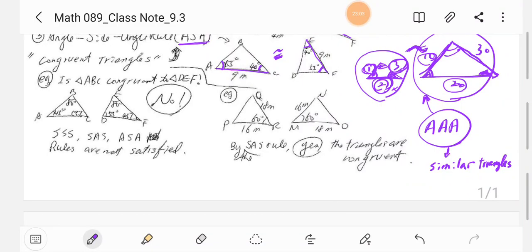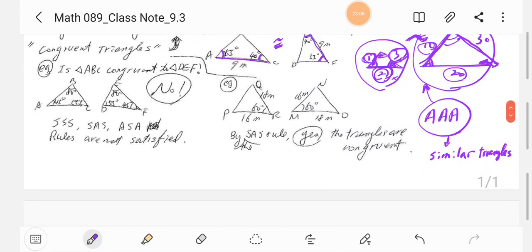Okay, so ABC and DEF, are they congruent? Okay, let's check. Look at this. This is 45, 45, 55, 55, and the angle is 80. So corresponding angles are the same. So this is similar, not congruent. Right? It's not congruent, it's similar.